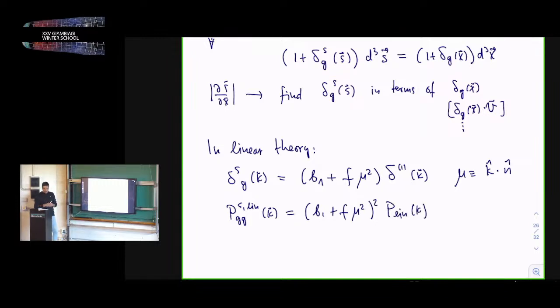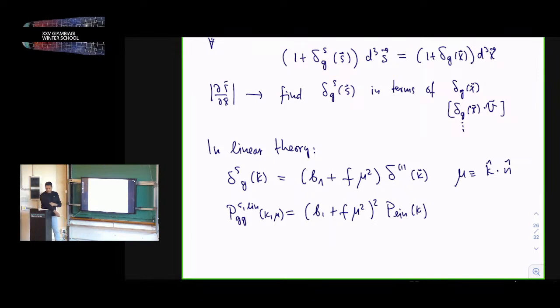Sorry, let me be a bit more specific here. What I want to say is that this really depends on the magnitude of k and the angle mu. So we lost isotropy. Because you have a preferred line of sight, there is a dependence on the angle between the line of sight and the Fourier modes k that you're considering.